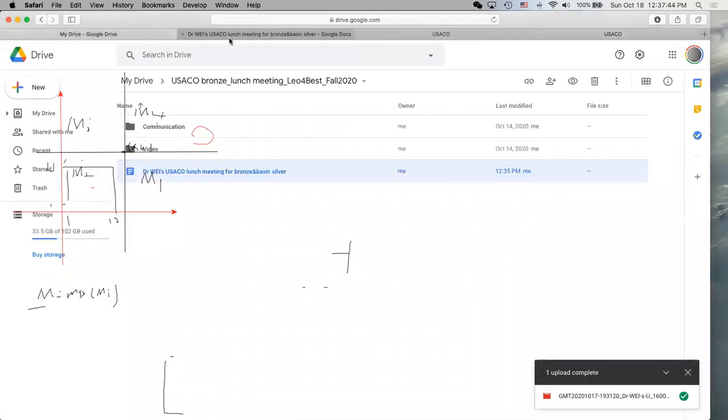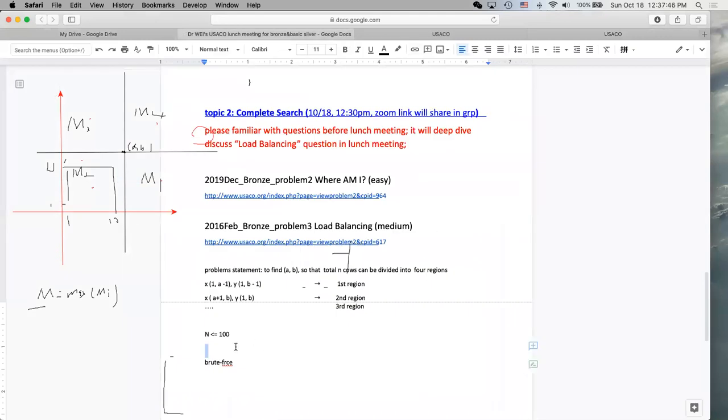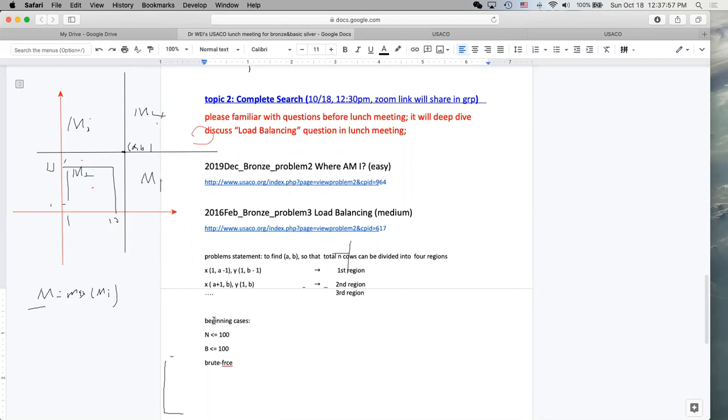So if you go back to here, you have 100 cows at the maximum, and all these cows are bounded in this 2D square, where 1 to 100 for the x and 1 to 100 for the y.